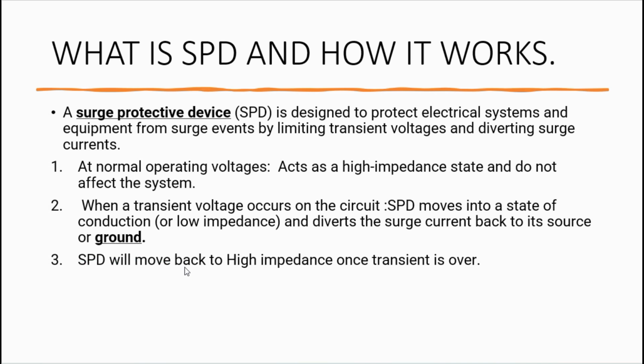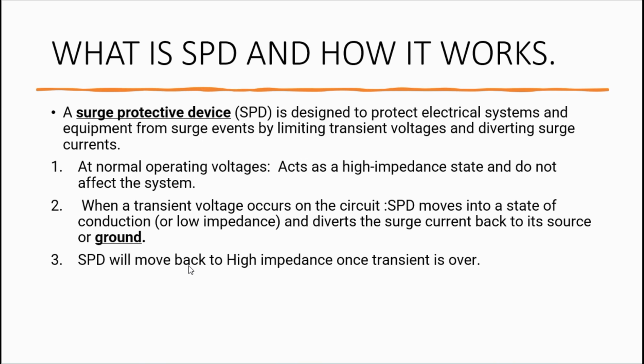Now, what is an SPD? If we discuss it deeply, the SPD is simply a high impedance device. It will act as a very high impedance device until the selected operating voltage is reached, and then the SPD will go from a high impedance to a low impedance device.